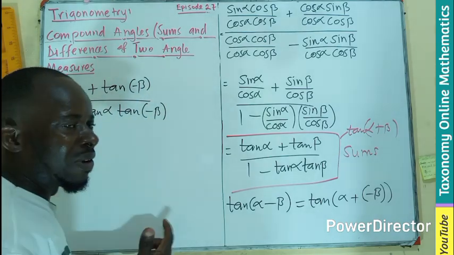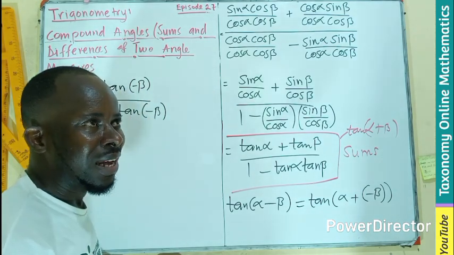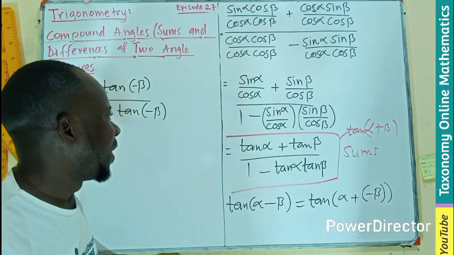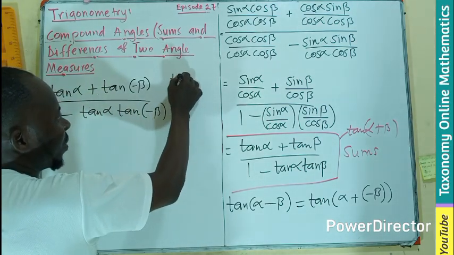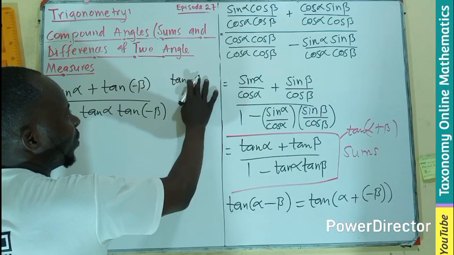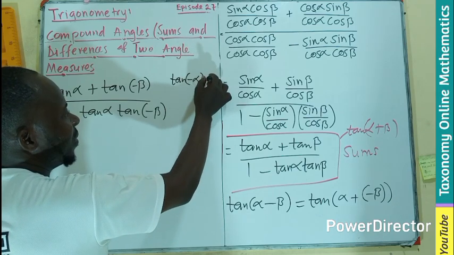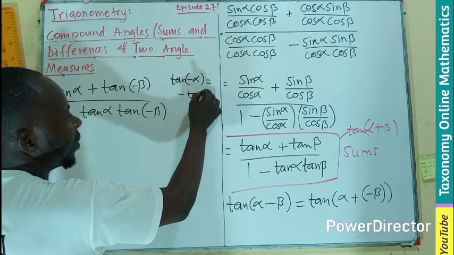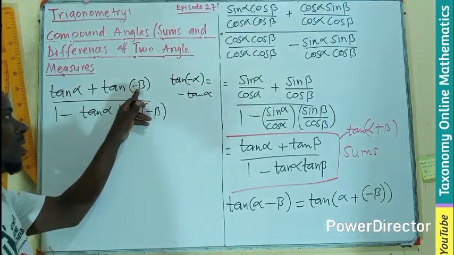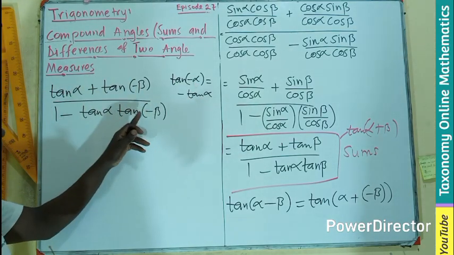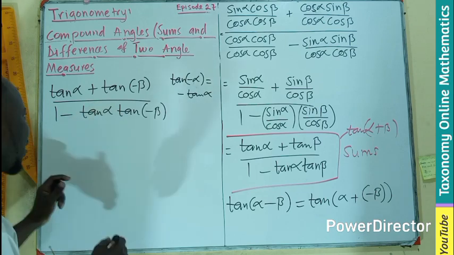Now, from the negative angles that we did, I think in episode number 8 or so, we have that tan of negative alpha is the same as negative tan alpha. So what I'm seeing here, I will shift the negative here. This will shift since they are multiplying.